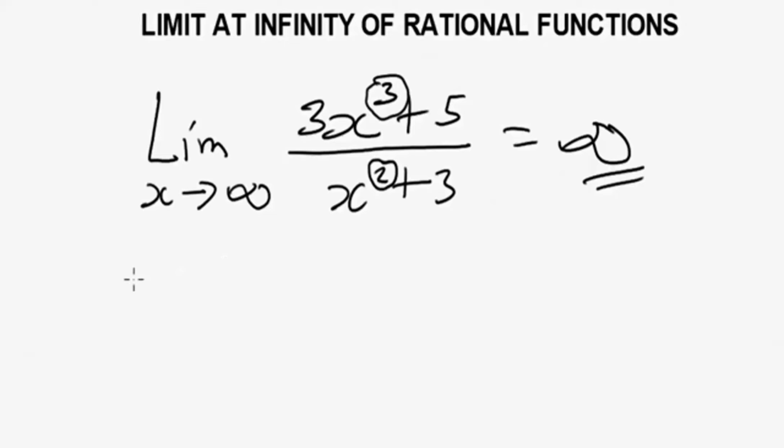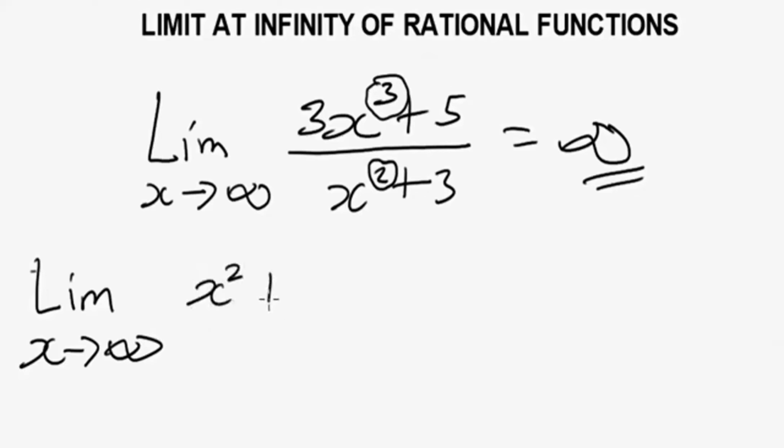Now let's check another situation. What if the limit as x tends to infinity, and we have a scenario like this, x squared plus 3 over x raised to the power 3 plus 5.